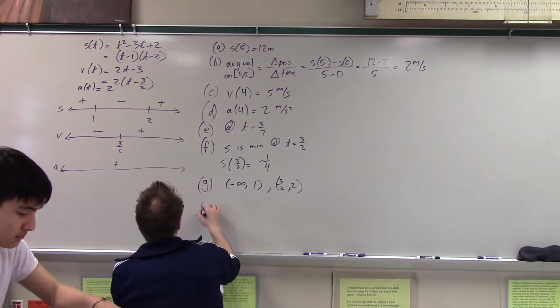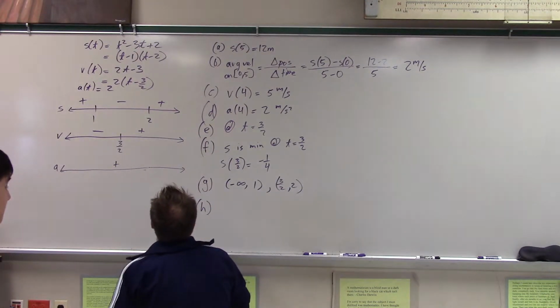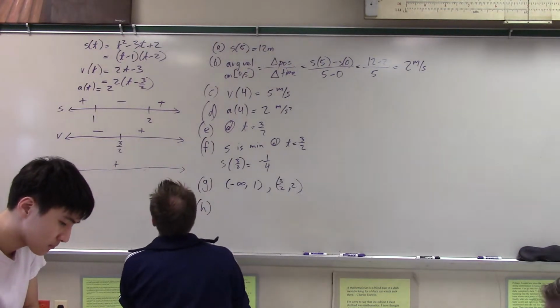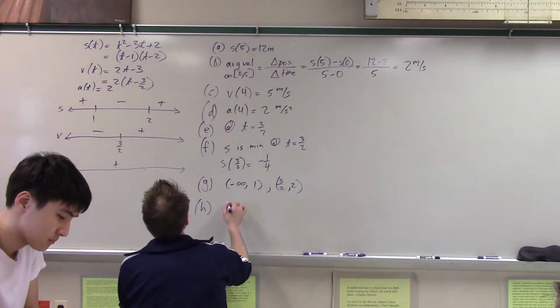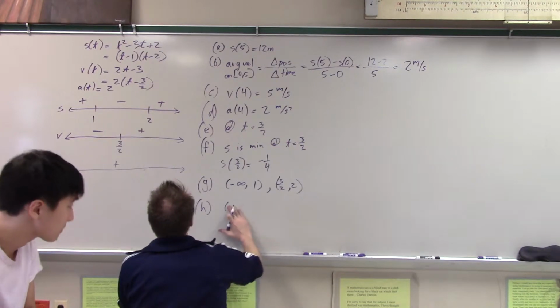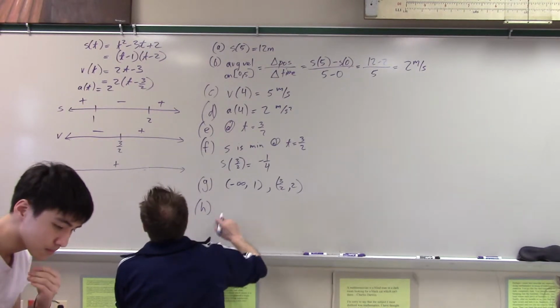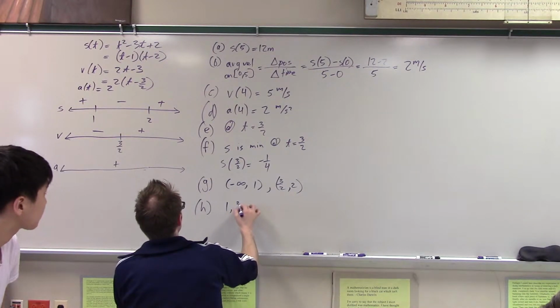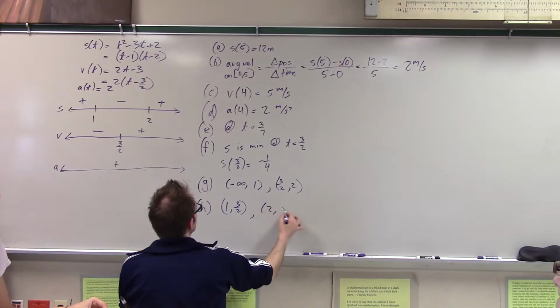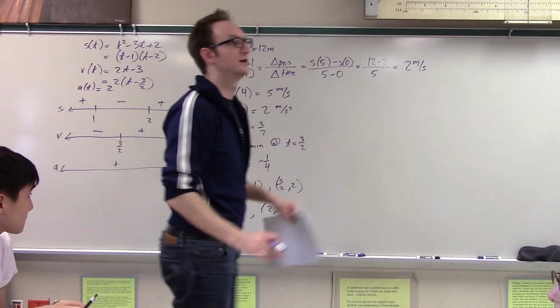And when are you moving away from the origin? Moving away from the origin when S and V have the same sign. So that's 1 to 3/2, and 2 to infinity. You guys feel good about this? Good, next page.